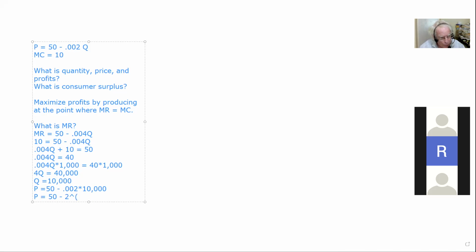So 0.002 is the same as 2 times 10 to the power of minus 3, and then 10,000 is just 10 to the power of 4.